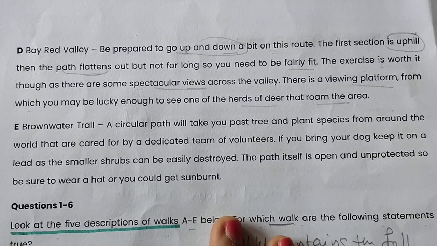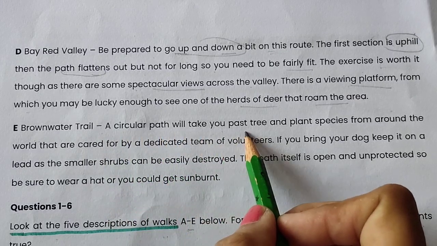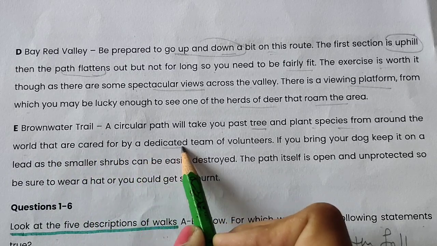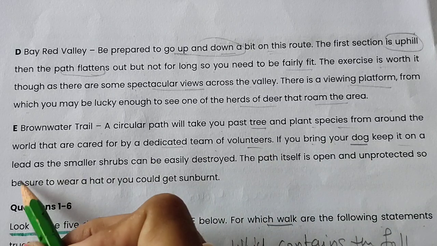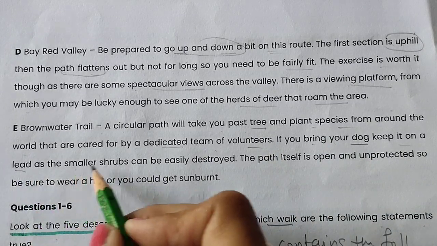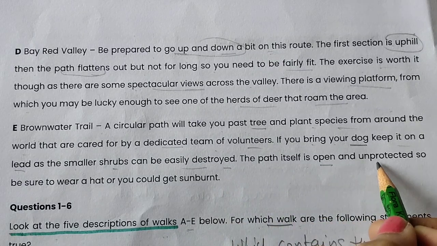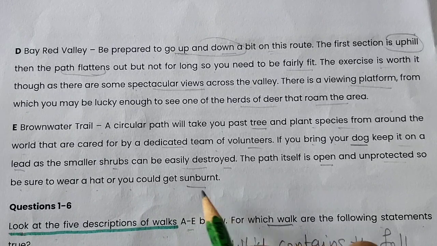Let's read E paragraph. Brain Water Trail. A circular path will take you past tree and plant species from around the world that are cared for by a dedicated team of volunteers. Okay. If you bring your dog, keep it on a lead. As the smaller shrubs can be easily destroyed, the path itself is open and unprotected, so be sure to wear a hat or you could get sunburnt.